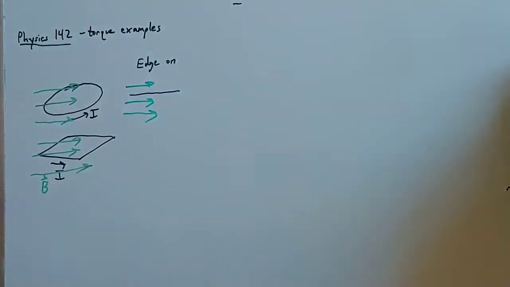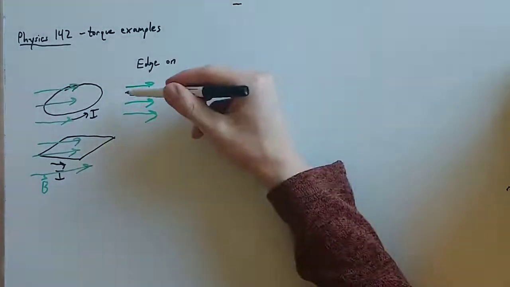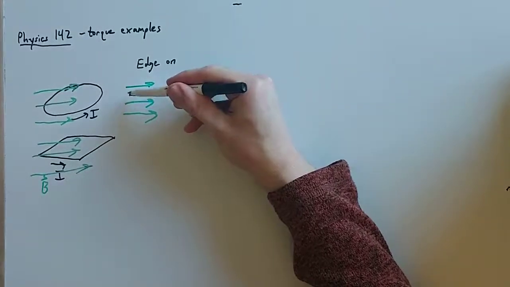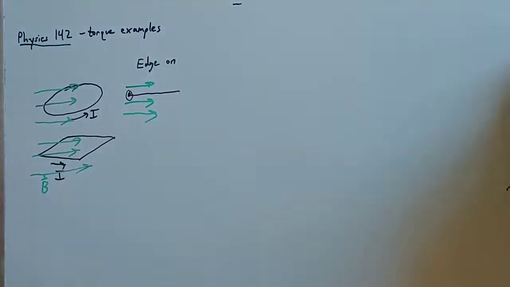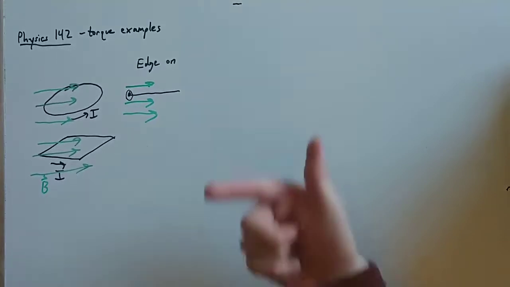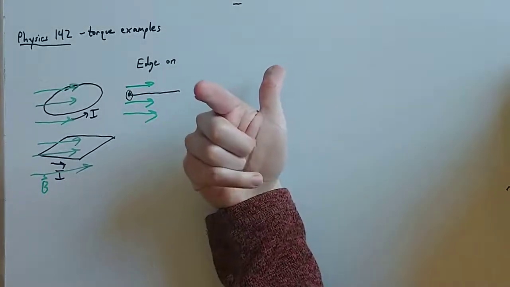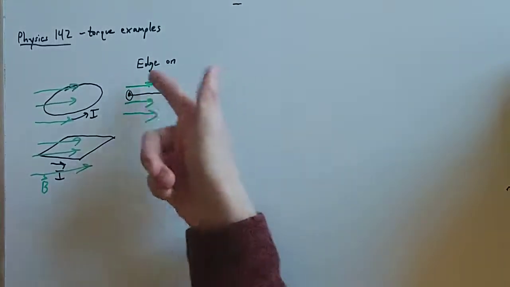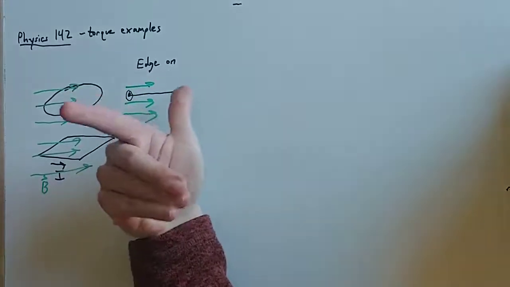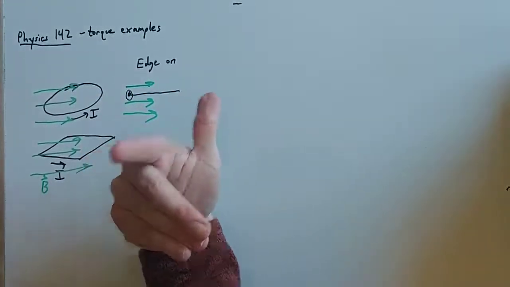There's the magnetic field. And what we realize is, any current on this side would be coming toward us. Usually we represent that as a dot. And if we take the cross product, I times L, the direction of the current and length, crossed with B, we'd have something coming out of the page crossed with B going to the right, that would be an up force.